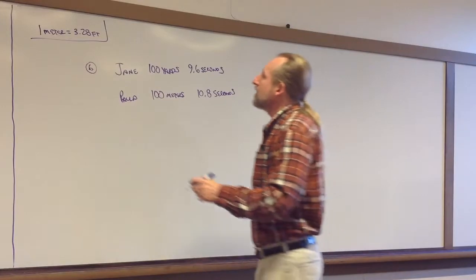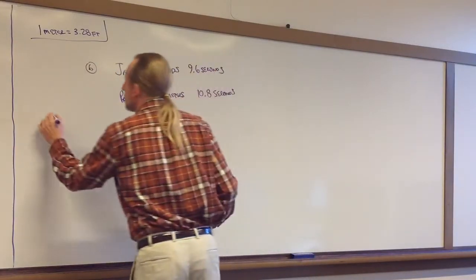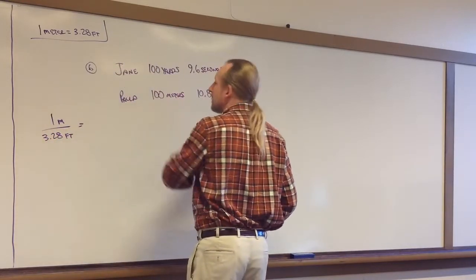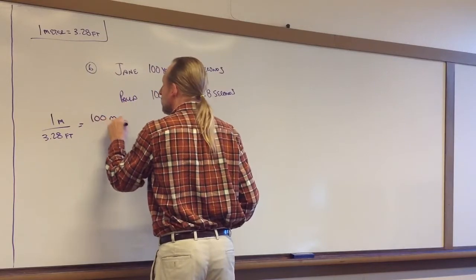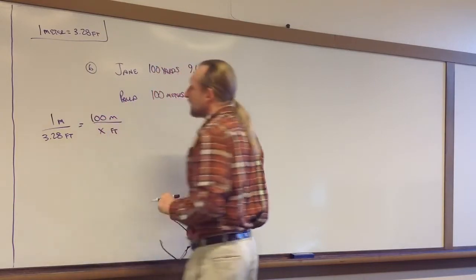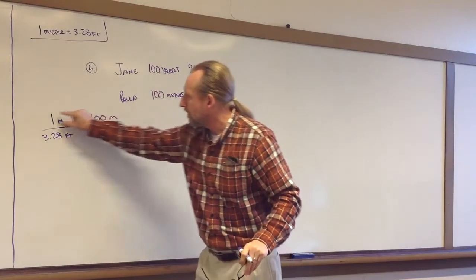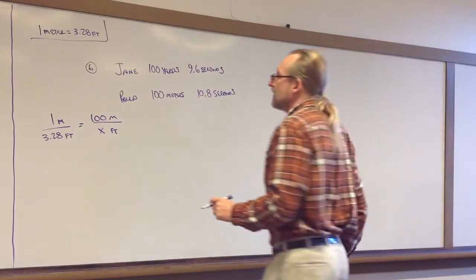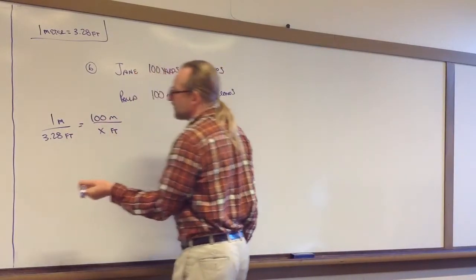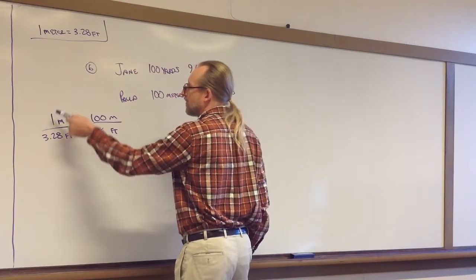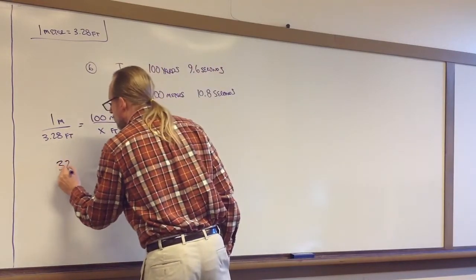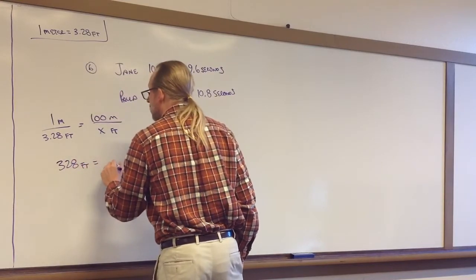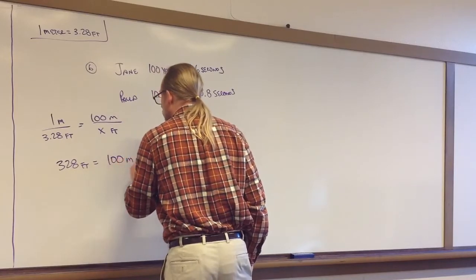Okay, so if 1 meter is 3.28 feet, then let's convert the 100 meters into X feet. And notice that I line the meters up on the tops, and I line the feet up on the bottoms. And let's see here. So 100 meters is going to be 328 feet, right? 100 times 3.28 divided by 1. 328 feet equals 100 meters.